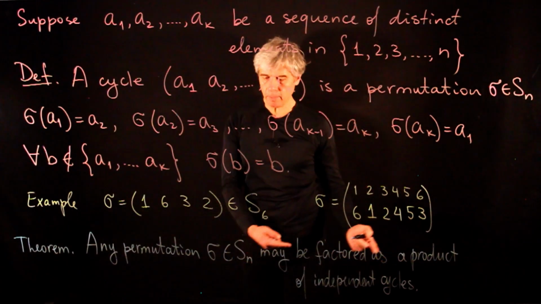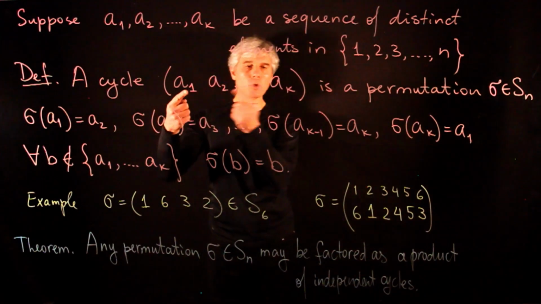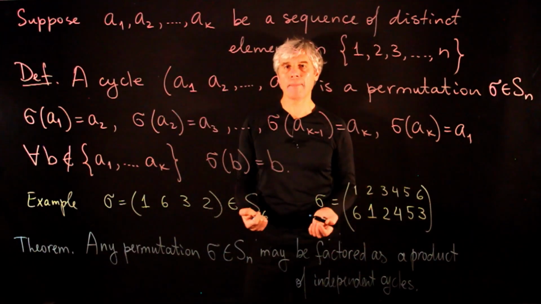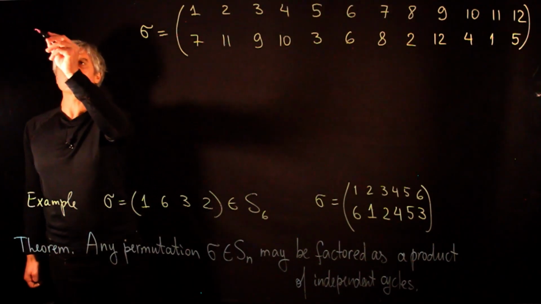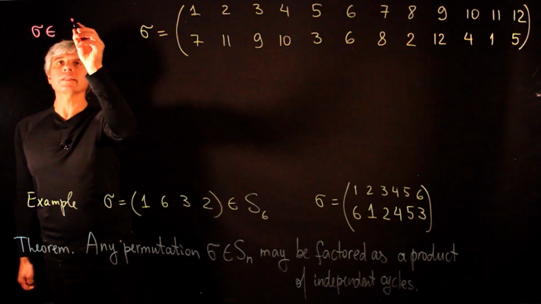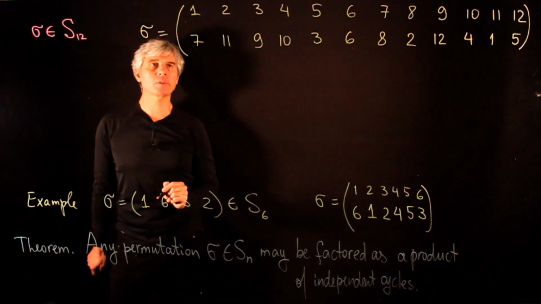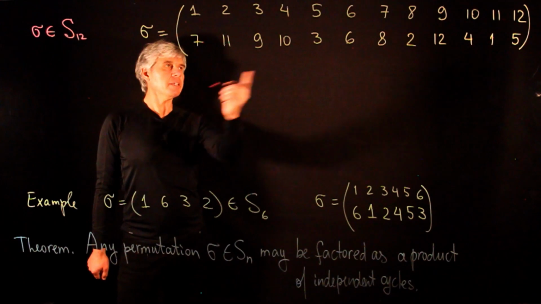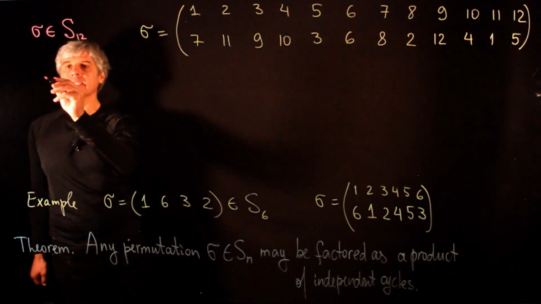Which means that the sets that each cycle will permute do not overlap. Now let us consider the following example of a permutation in S12, in the symmetric group of permutations of length 12. So let us try to factor it as a product of independent cycles.